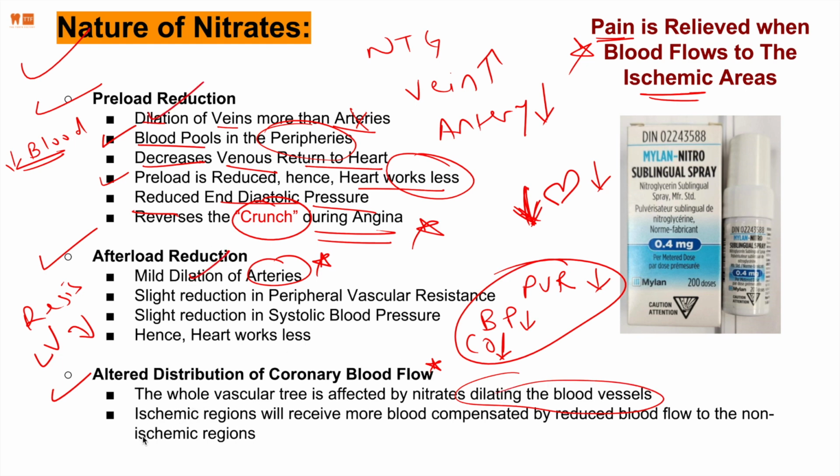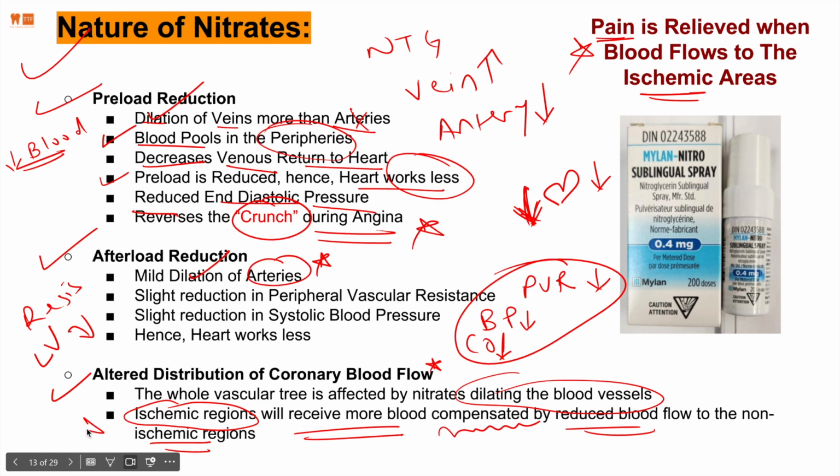Now, ischemic regions will receive more blood because it's compensated by a reduced blood flow to non-ischemic areas. Remember, arteries send blood out to organs. When they're dilated, they send less blood, but there's still blood volume. Where does that blood volume go? It goes to ischemic areas.